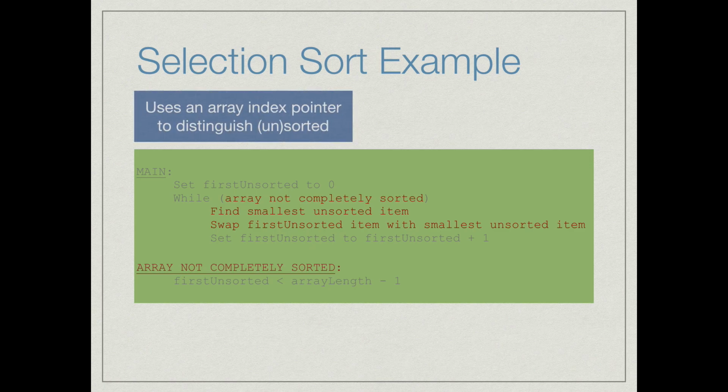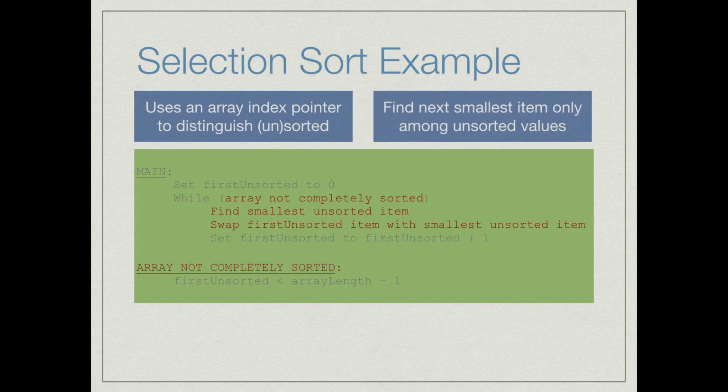So the array index pointer here is the line of division between the elements that have been sorted and the elements that have not. Everything to the left of the first unsorted index is sorted. That index and everything to the right remains unsorted. So as soon as first unsorted equals the last array element index, you know that everything has been sorted and we can end the loop.